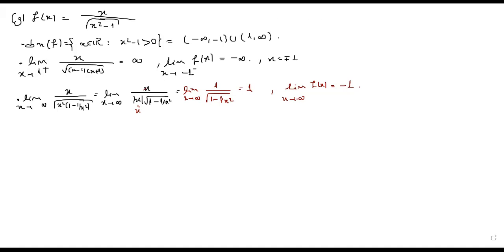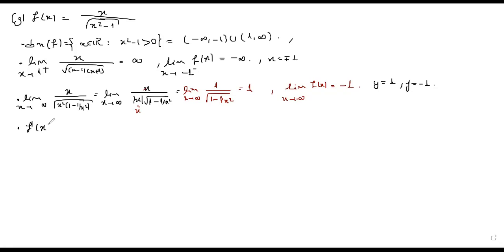So let me erase it. So we have, let's write it here, sorry, y equals to 1 and minus 1 are horizontal asymptotes. Okay.